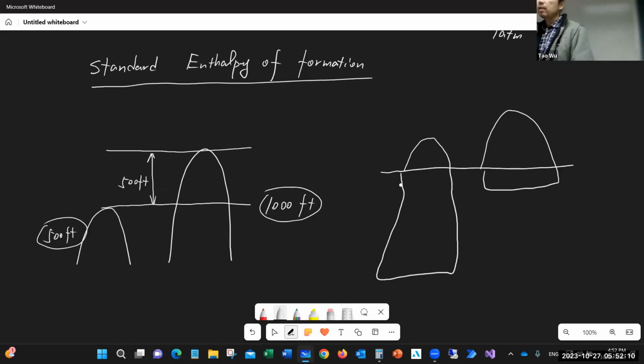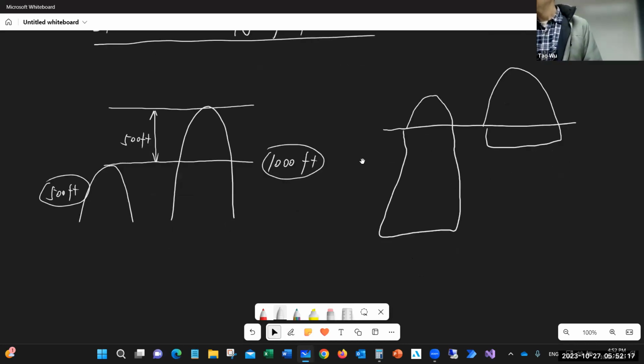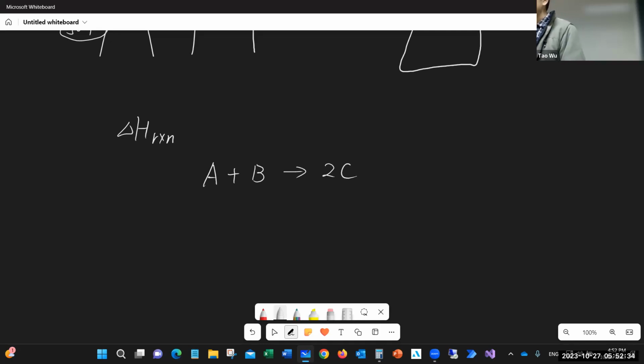And standard enthalpy of formation generally also talks about a similar thing. So this is an analogy. Then let me talk about chemical reactions. The chemical reactions can also be calculated in this way. For example, I have A plus B to form 2C, and I try to figure out what is the enthalpy of this reaction.